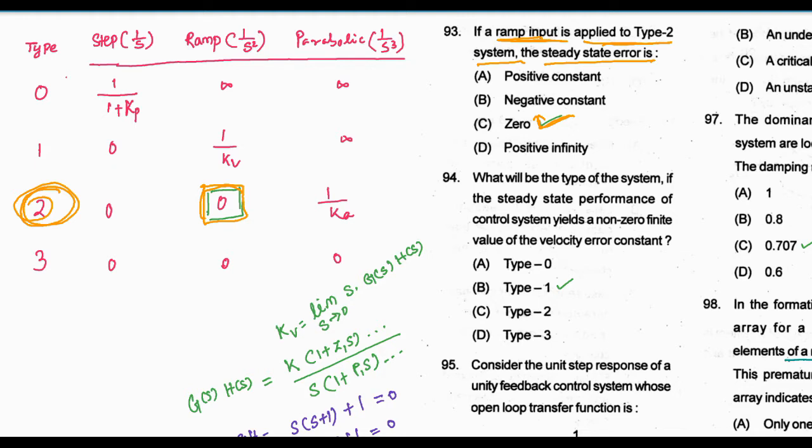And similarly for type 1 system and ramp input, the steady state error will be 1 by Kv, and Kv is the velocity error constant. Similarly for parabolic input and type 2 system, the steady state error will be 1 by Ka, Ka is the acceleration error constant. These are the constant values, and above that it will be infinite.